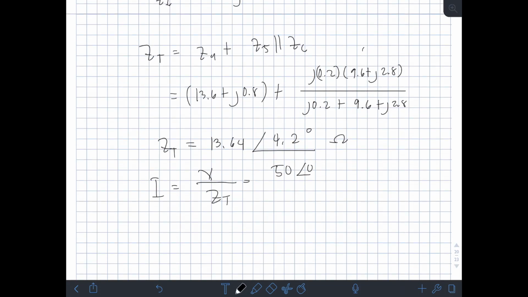So, 50 angle 0 divided by the ZT we got, 13.64 angle 4.2 degree. So, what is this in polar form? Approximately 3.666 angle negative 4.2 degree. Right? So, the unit is ampere because it is current. Okay?